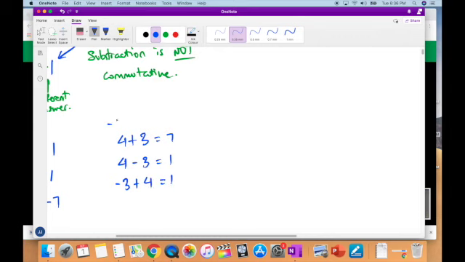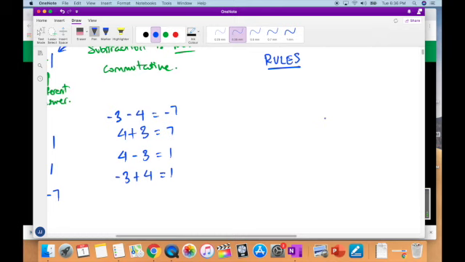But then we have -3 minus 4 is equal to -7. These are the conditions. You see these rules here? Caitlin, I think we did these rules before. Scotia, I think we did these rules before. But for some reason, when you guys are doing algebra, you just forget these rules. So please remember these rules when you're talking about addition and subtraction.